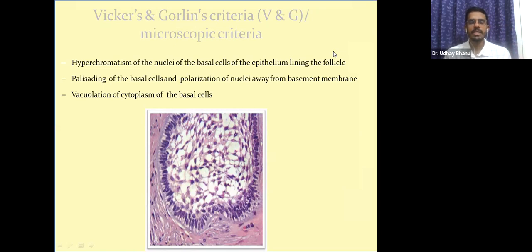Now, the different histological subtypes are subcategorized based on the changes that you will see in the central population of the cell, and how that change will affect the appearance of the follicle as such.